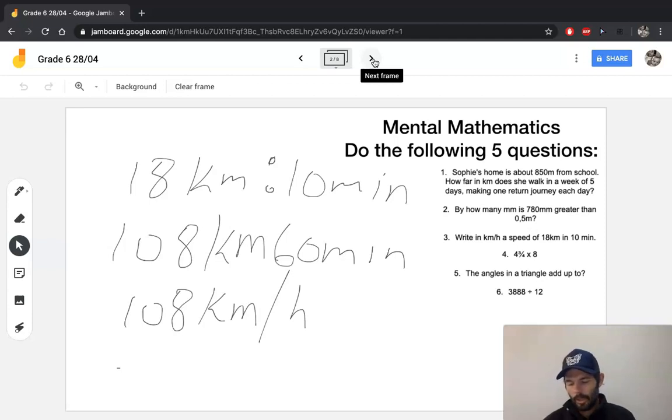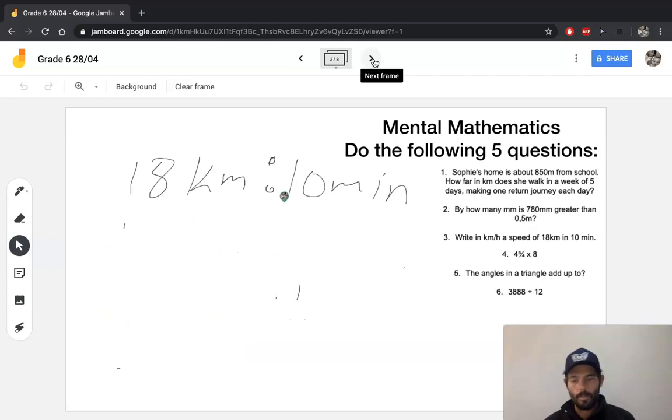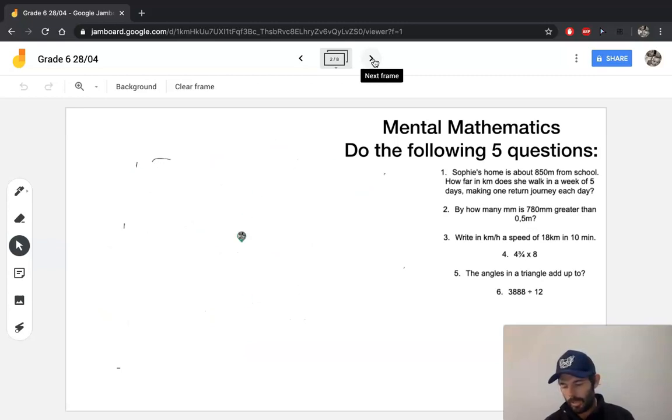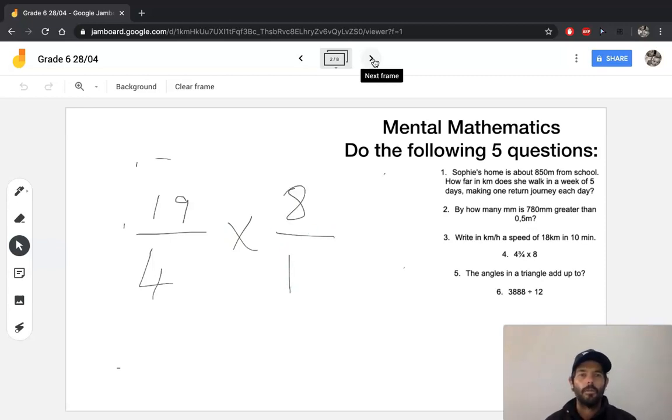Then multiplication of fractions and a whole number. Just to recap that, change it to an improper fraction first, which is 19 over 4. 4 times 4 is 16, plus the 3 is 19. And we said when we did multiplication of fractions that it's beneficial to have 2 fractions.